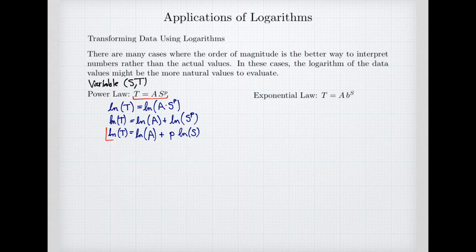I want to highlight that on the left I have the natural log of t, and on the right I have the natural log of s. Those were my variables. And so let's introduce some transformed variables.